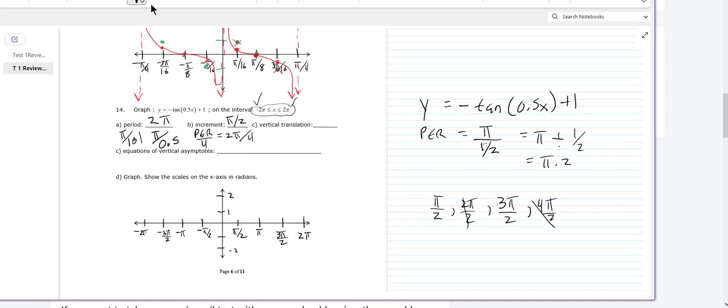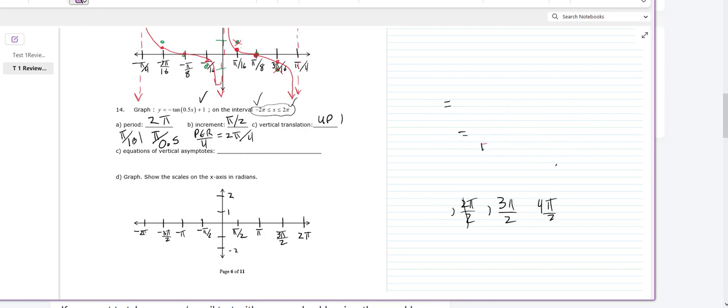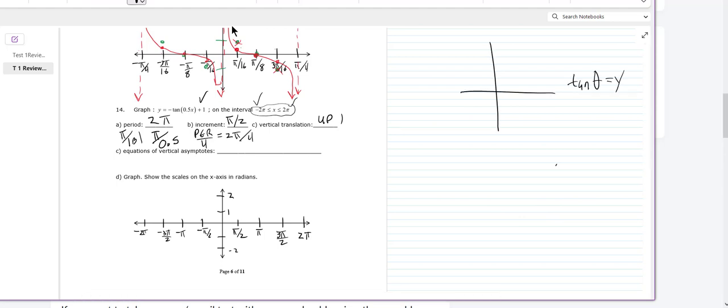Okay, all right. Now this one has a vertical translation that's up 1, and it also has a reflection, and I'll show you how you handle that. Here's what's a little bit different about a tangent. If you go to a unit circle, remember the tangent of theta is y over x.